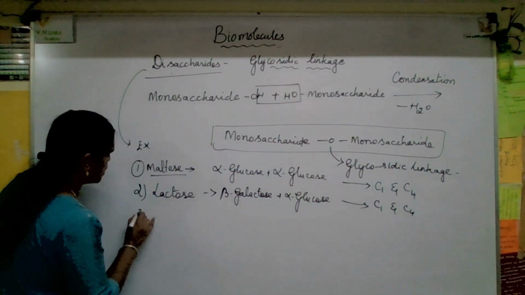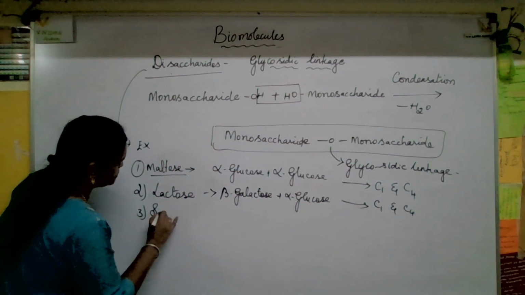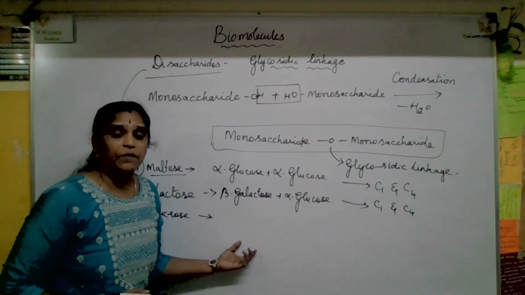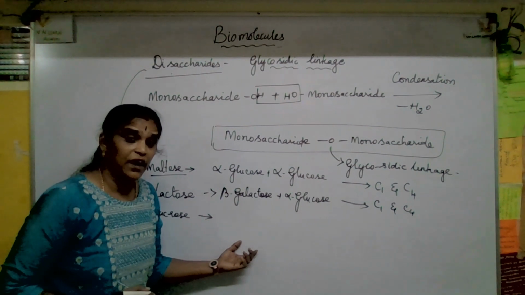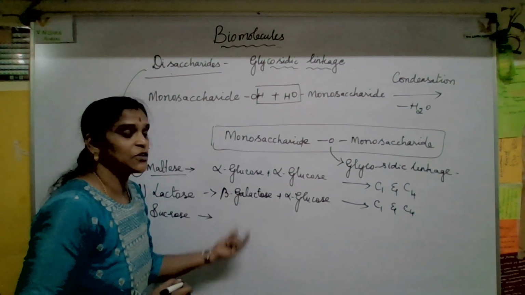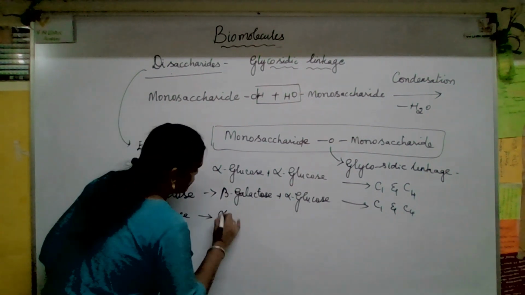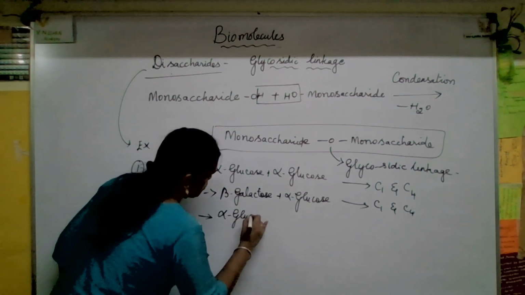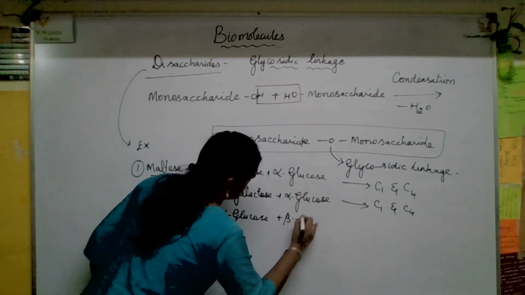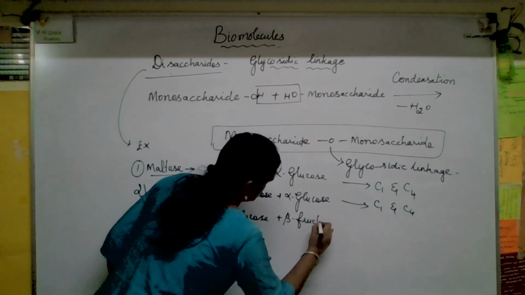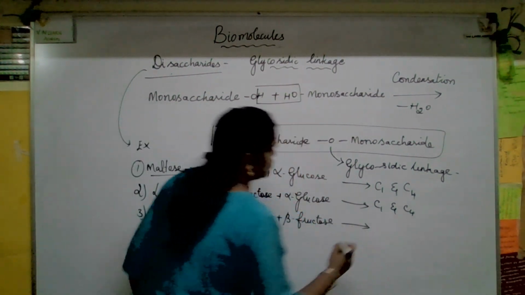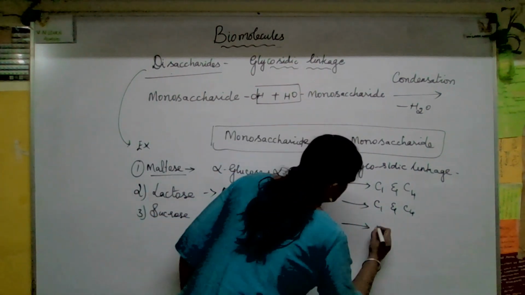Next, the third one, sucrose. You know very well sucrose. What are the monosaccharides? I hope you know that answer: glucose and fructose, alpha glucose and beta fructose. What are the positions?